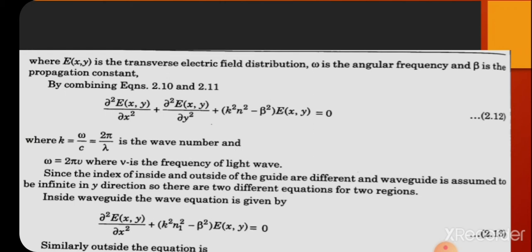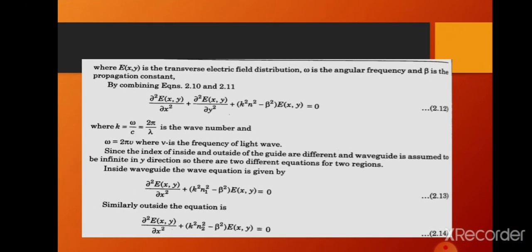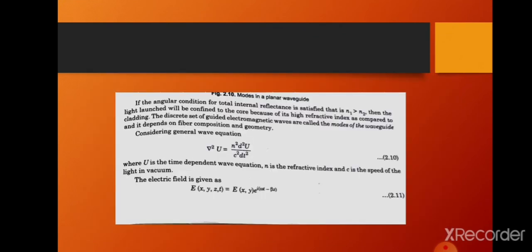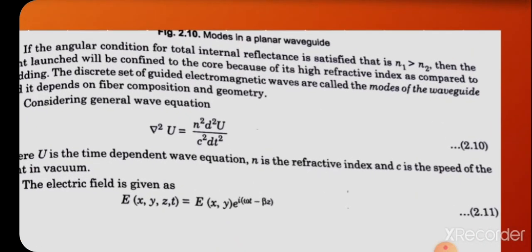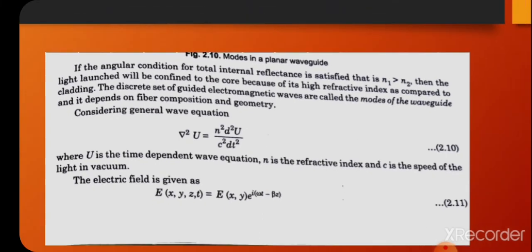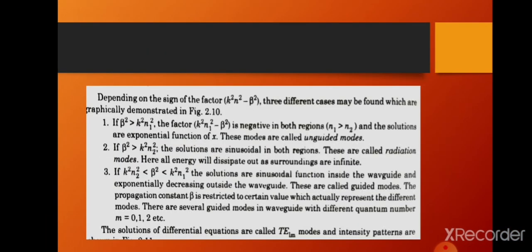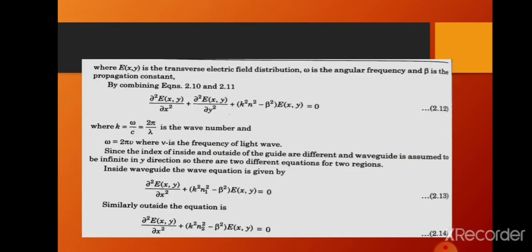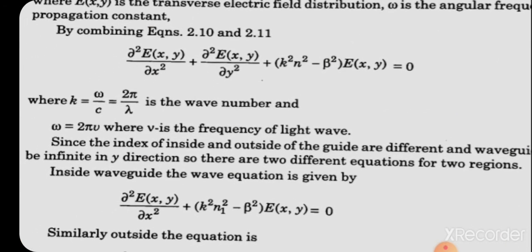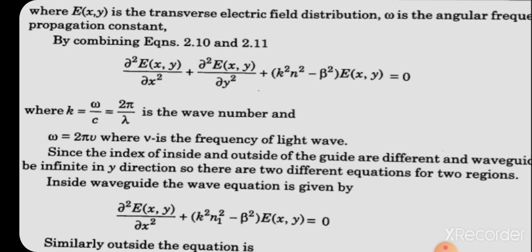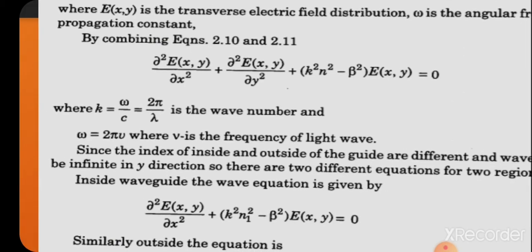And we can combine both of the equations, 210 and 211, that is del square u and E of x comma y, and we will get the equation: dou square by dou x square E of x comma y plus dou square by dou y square E of x comma y plus k square n square minus beta square into E of x comma y equal to 0.